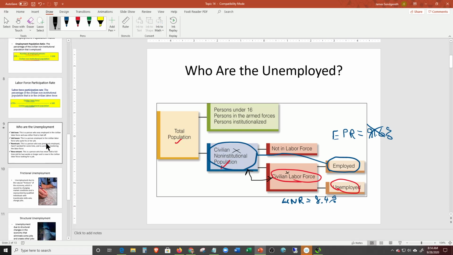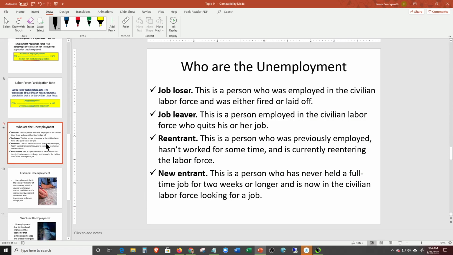Just giving you some of these basic definitions. And now we're basically going to get into a brief discussion of topic 15. And really what topic 15 is about is: what is full employment?